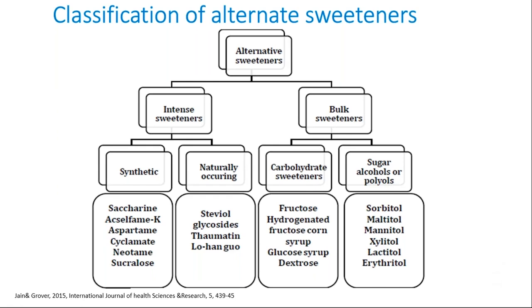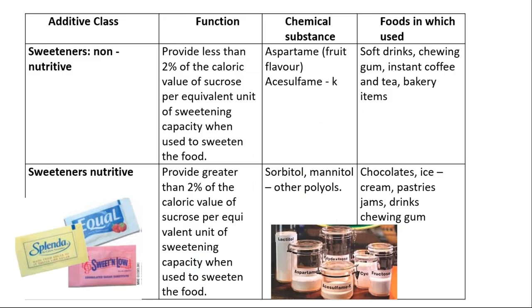So let us look in detail at the structure of the sweeteners and their relative sweetness. In the sweeteners, the major classification is non-nutritive and nutritive. The non-nutritive do not give any caloric value.